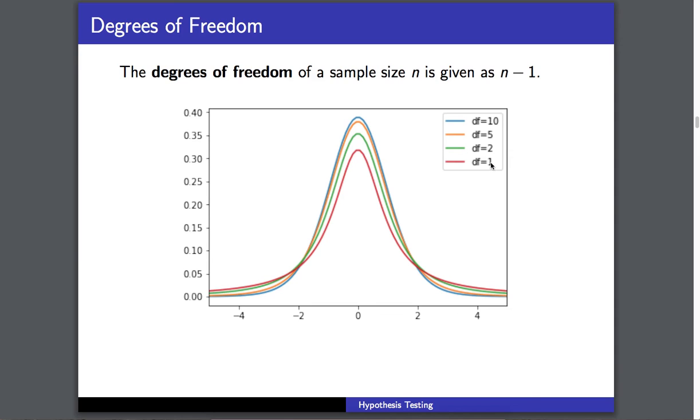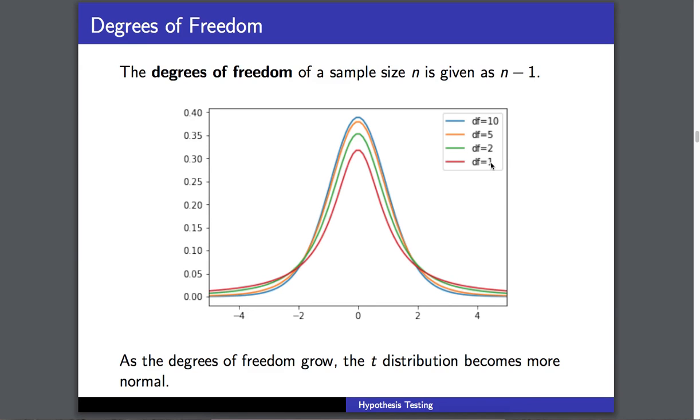As we can see, as the degrees of freedom grow, the t-distribution is going to become more and more normal. So if we have a very large sample size, our t-distribution is going to resemble the normal distribution more precisely.